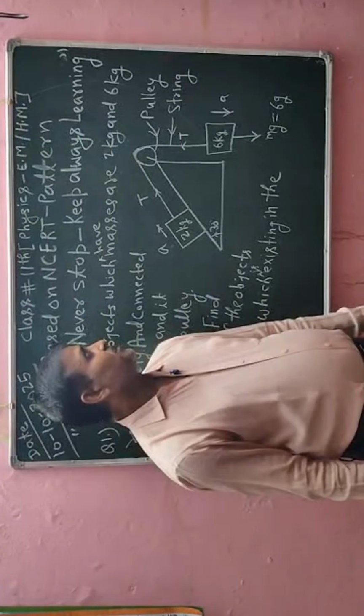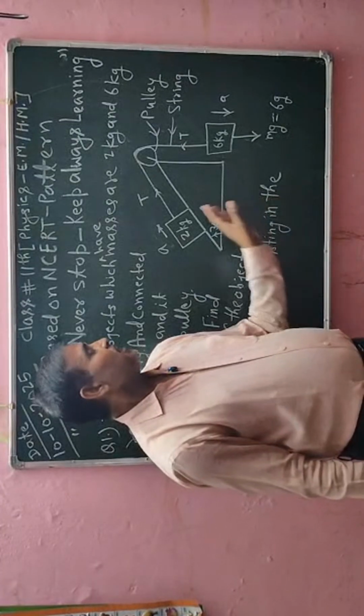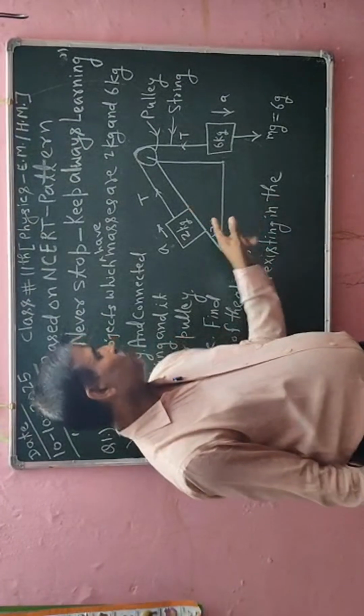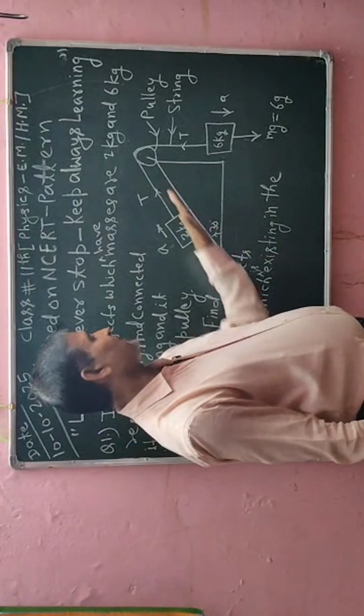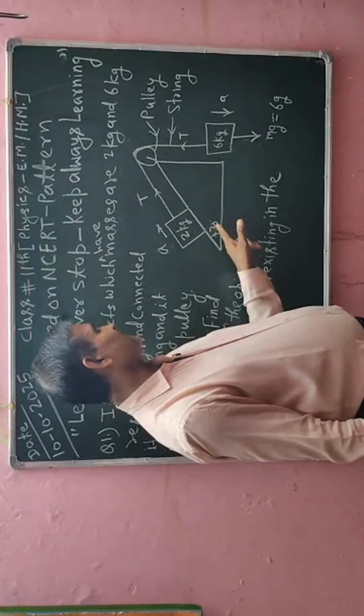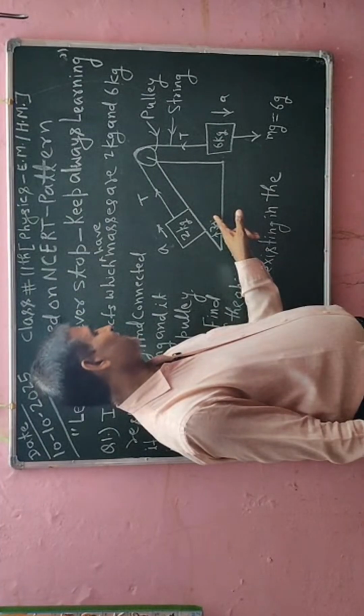In this figure there is an inclined plane, inclined 30 degrees from the horizontal axis, as given in the question.